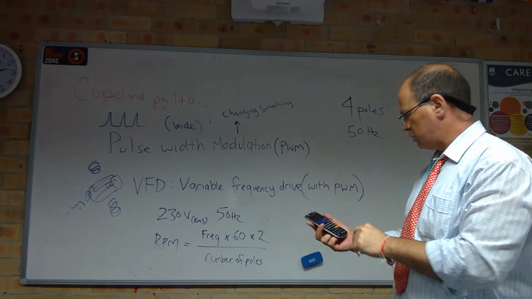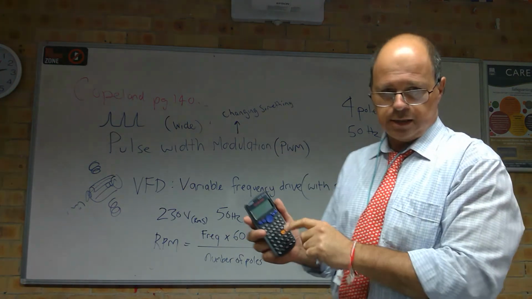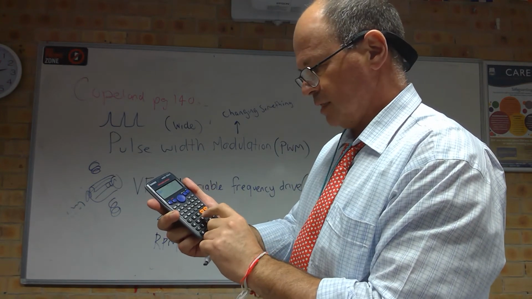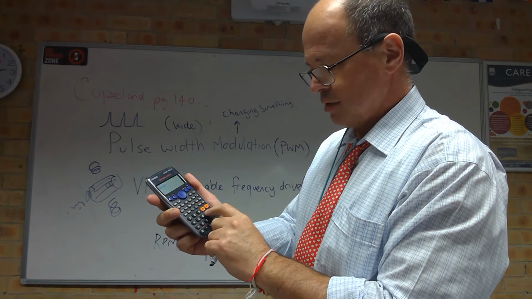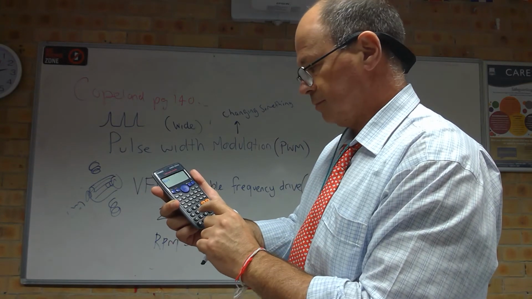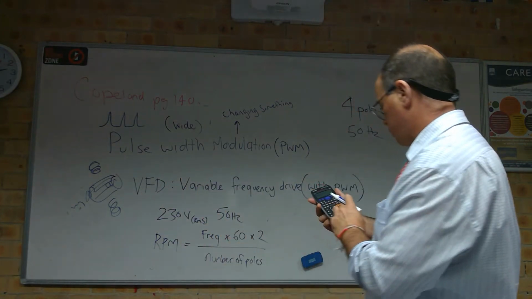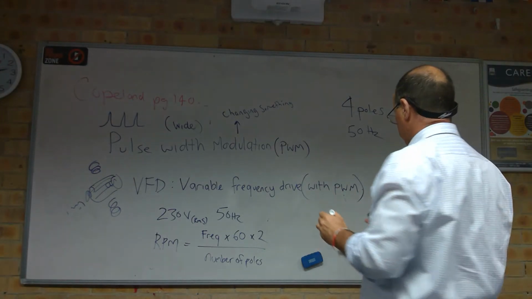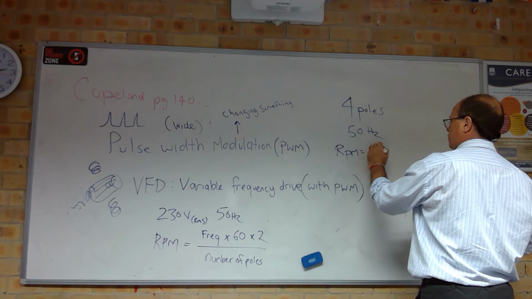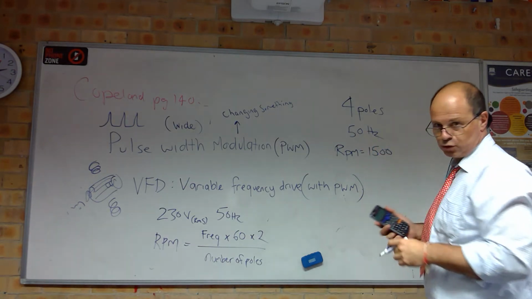Well, we get our frequency and we say 50, we multiply it by 60 seconds, we multiply by 2, and then we divide it by 4, because we said it's a 4-pole motor. And we end up with an RPM for that particular situation of 1500 revolutions per minute.